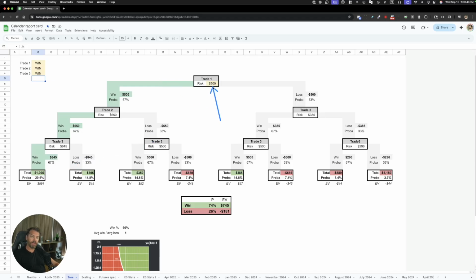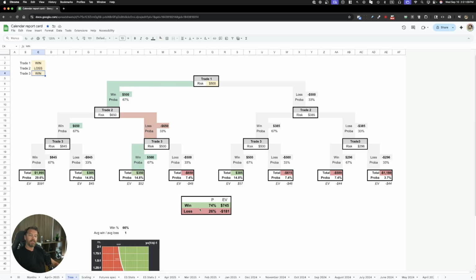Okay, so you start with $500 in risk, you end up with $2,000 in profit. So you do the same math for all the possibilities, like you win the first, you lose the second, and you win the third one. In that case, this branch right there, you end up with a profit of $350.